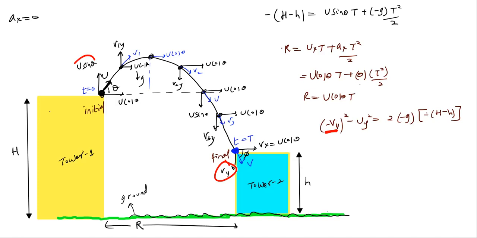This vy is opposite to u sin theta, and g is negative. These two are opposite, and the y displacement is negative. How do you measure displacement? You measure vertical displacement opposite to u sin theta. Okay, fine. So writing this equation is how all the problems are solved.